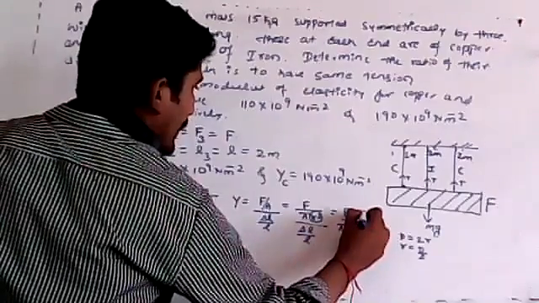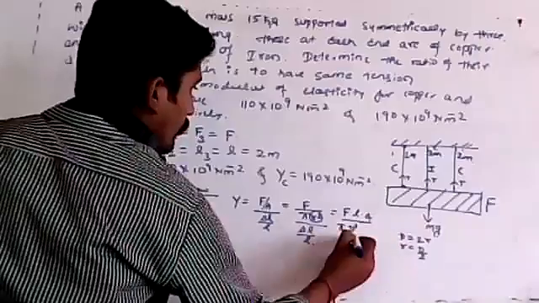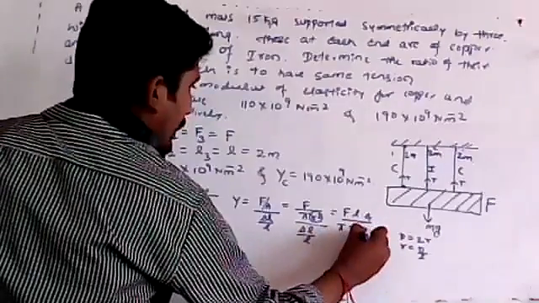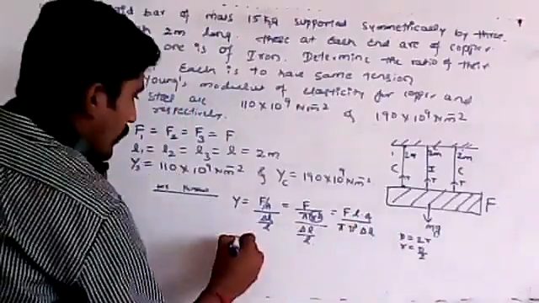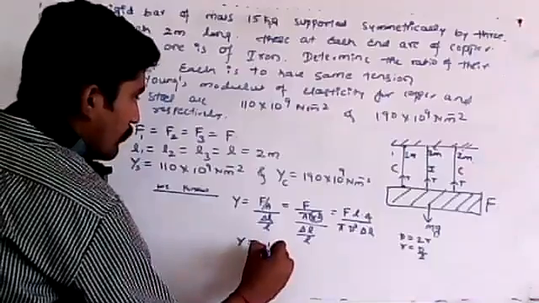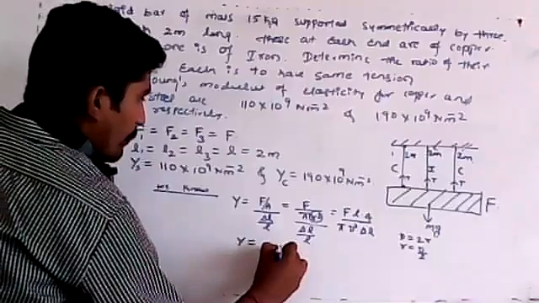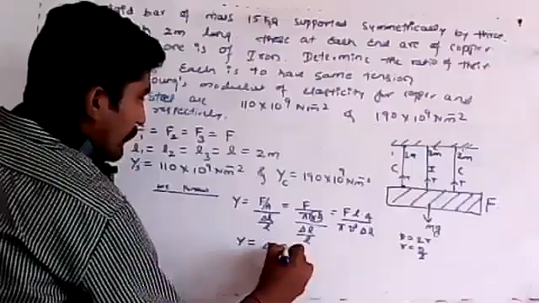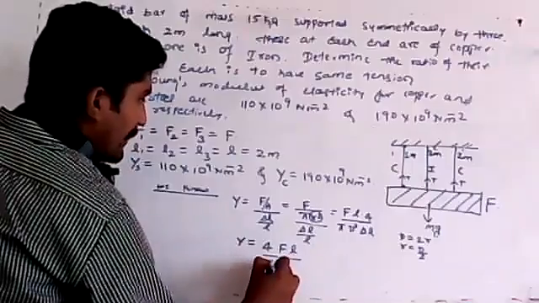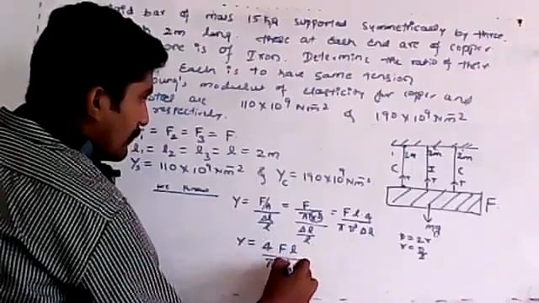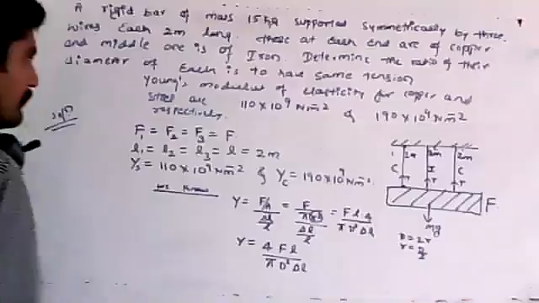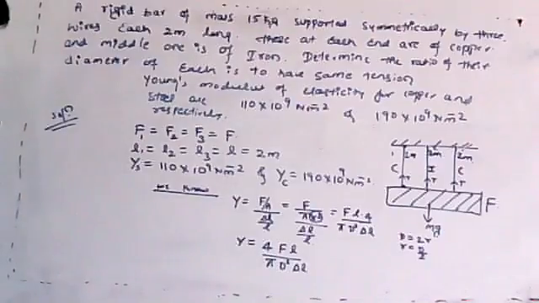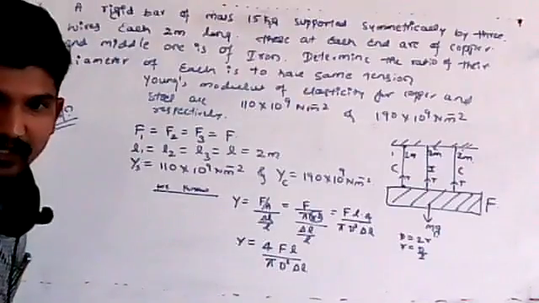The 4 will go to the numerator, into delta L. So now what is the formula? 4 into F into L over pi D square delta L. Just try to understand, students.